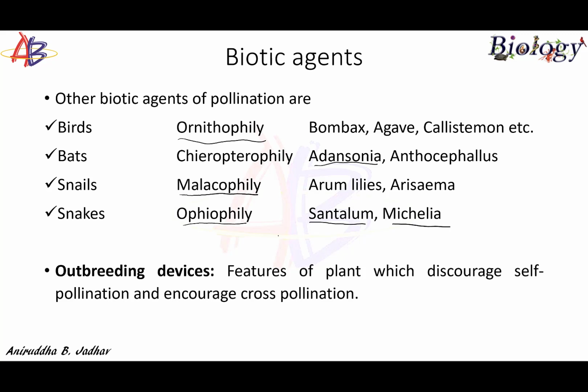For understanding of outbreeding devices, or the features of plants for encouraging cross pollination, just refer to our previous lecture where we discussed allogamy or xenogamy, and the adaptations related to xenogamy.